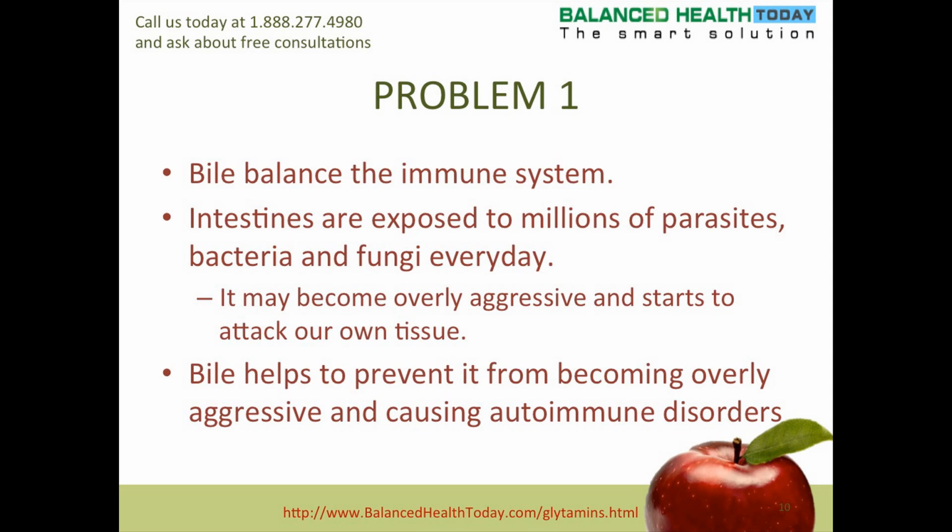Infections only rarely make it into the blood, but every day our intestines are exposed to millions of parasites, bacteria, and fungi. Because the intestinal immune system is continually at war with these microbes, it is much easier for it to become overly aggressive and start to attack our own tissue.